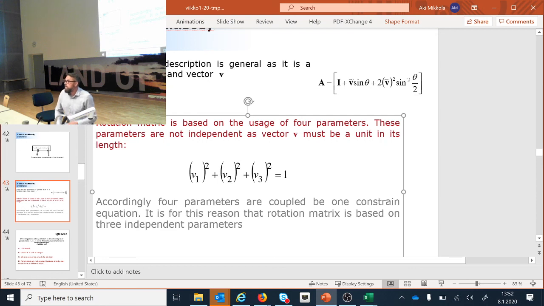Now, when I select another description of rotation in 3-dimensional space, another one based on 4 parameters, there is always another constraint, maybe in a slightly different form, but they are not free to move however they want. Why? Because the body can rotate in 3 different ways, not in 4 different ways, but 3 different ways.